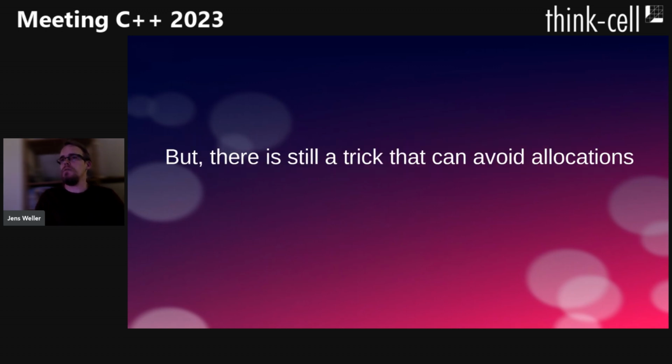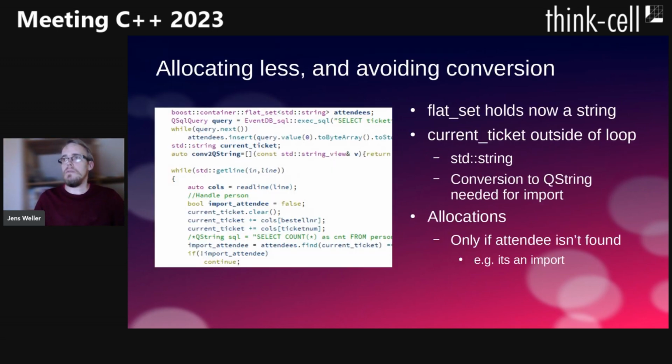But there still was a trick, or is a trick, which we can do here to avoid allocations, and that was that I created a flat set of attendees, which I import from the database and fill with the attendees I already have.